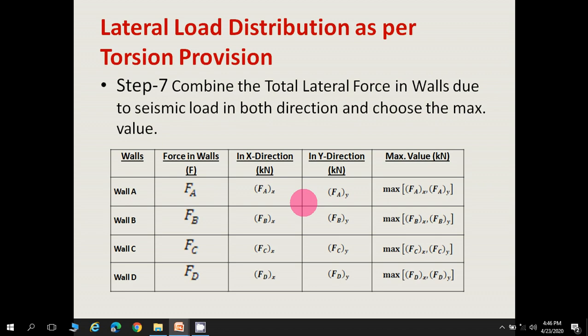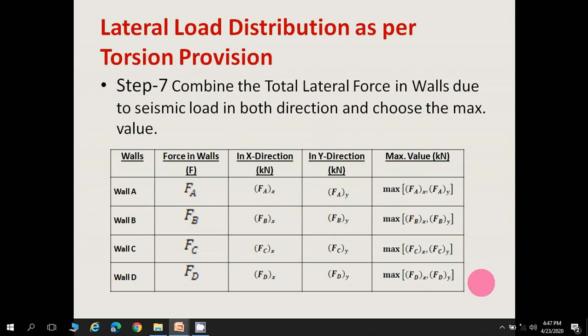So whether it is in the x direction or the y direction, whatever is the maximum value, we choose that particular value, and that will be the total lateral force in a wall due to seismic load. So by doing this, all the maximum values have to be chosen.